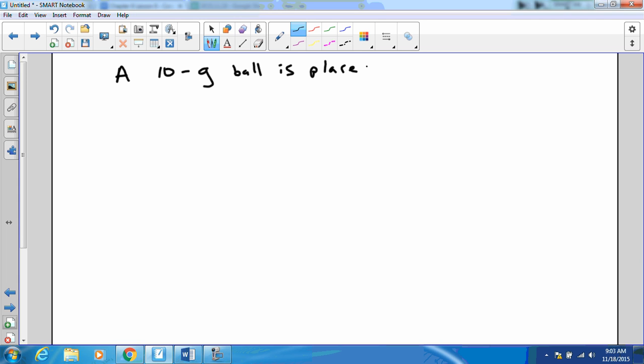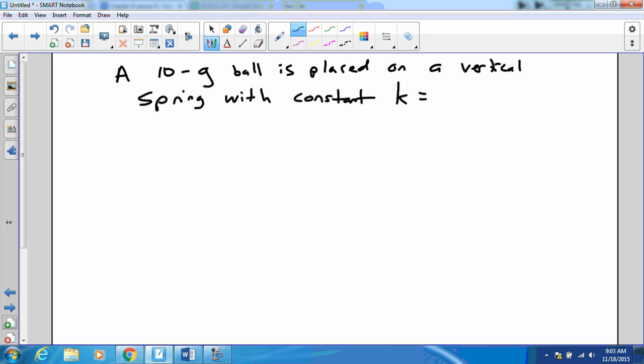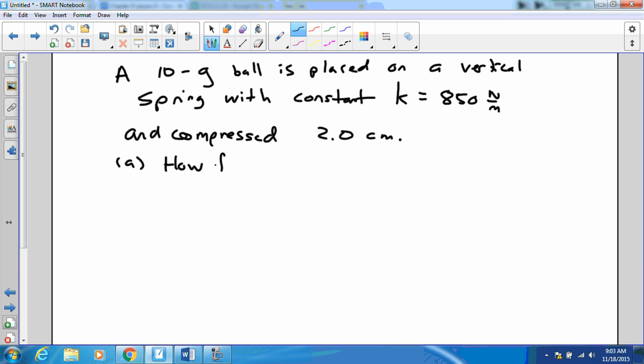A 10-gram ball is placed on a vertical spring with constant k equals 850 newtons per meter and compressed a distance of 2.0 centimeters.